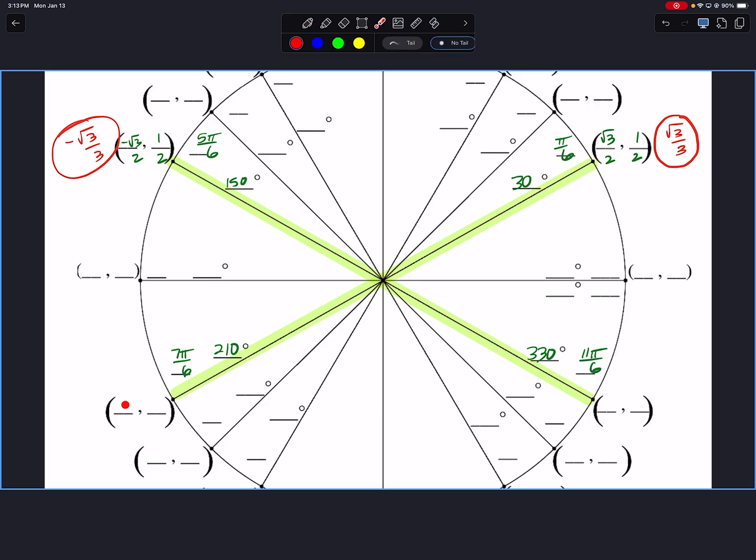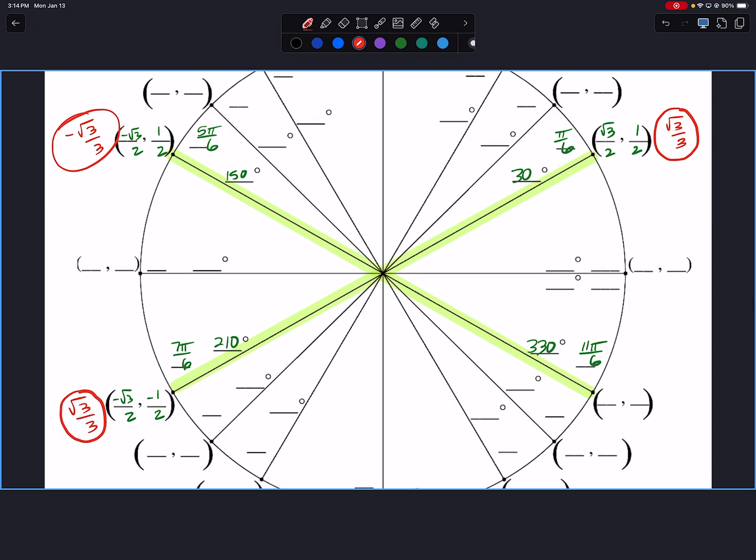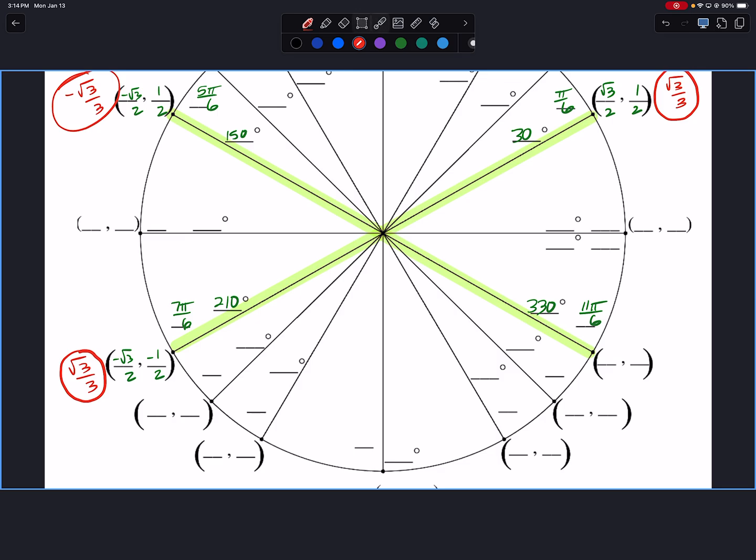Negative and negative. So negative root 3 over 2, negative 1/2. What sign is tangent going to be? Positive. In quadrant 4, which one's negative? Y. So it's going to be root 3 over 2, negative 1/2. What sign is tangent? Negative. Good.